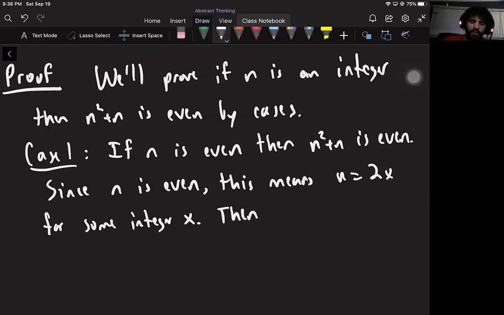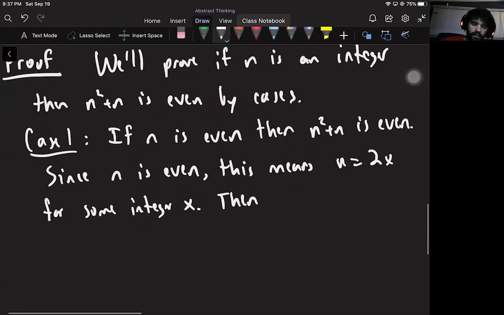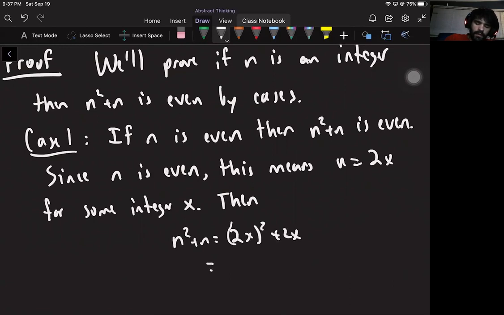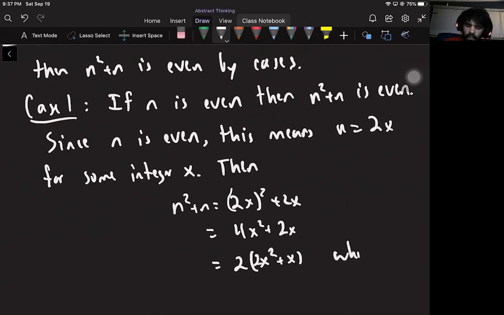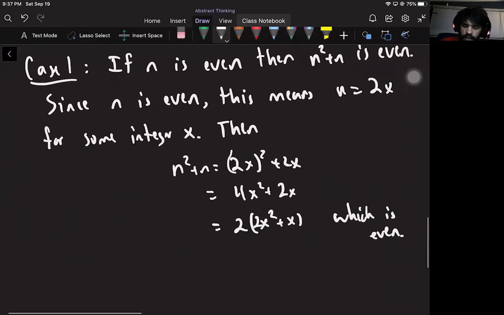Because I know something more specific about n, not just that it's any integer, but that it's even, now I can actually look at n squared plus n and do something. I can see why this is even, and it's because now I can factor out a 2. So this is an even number because it's 2 times an integer. And we've done that kind of proof enough to just stop there.